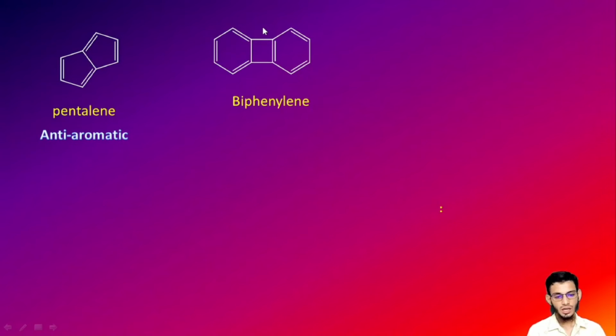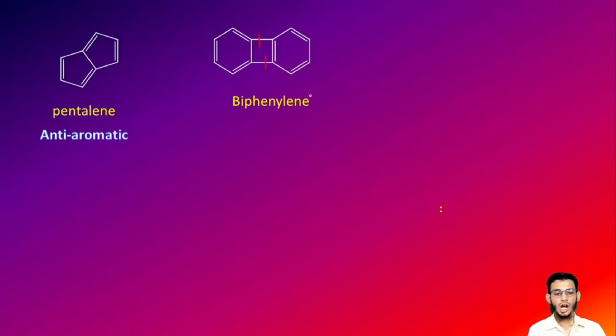Another is biphenylene. You can see it is a cyclic system. It has conjugated pi electrons, yes or no? Yes. All the pi bonds are separated by one sigma bond. Simply see all the pi bonds are separated by one sigma bond, all the carbons are, so there is conjugation.